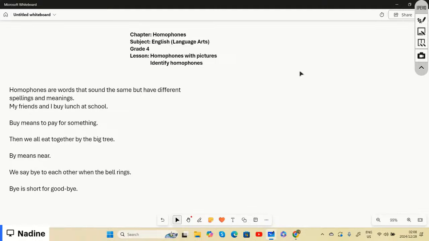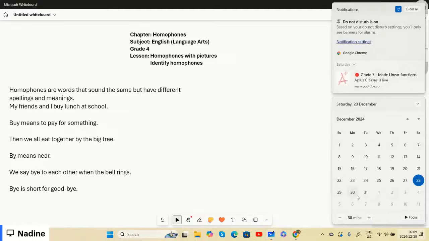There was no class on the 24th, 25th, as well as the 26th. There's also going to be no class on Tuesday, and there's going to be no class on Wednesday next week, because those are all holidays.